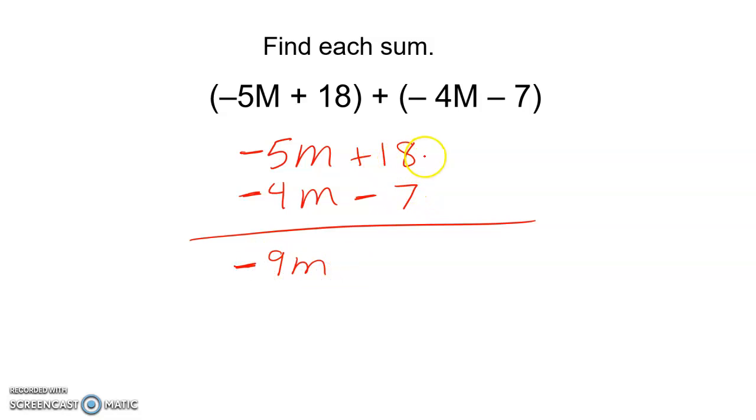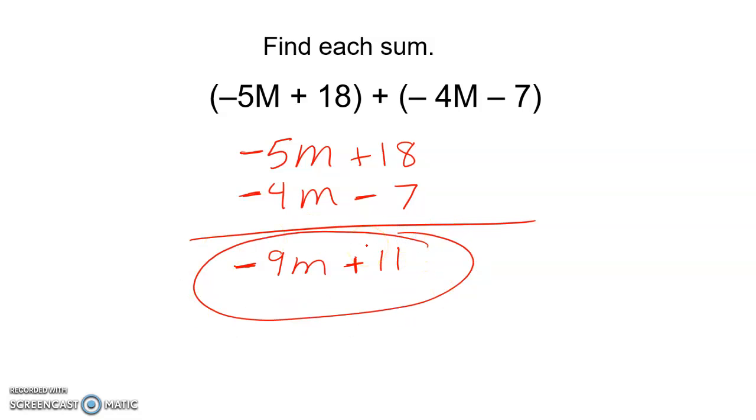And then positive 18, negative 7, different signs, I subtract. I end up with a positive 11. So I get negative 9m plus 11. So hopefully you're figuring out this is pretty easy if you know your rules. If you didn't learn your addition rules from chapter 1, you're going to struggle. And all we're doing is combining like terms.